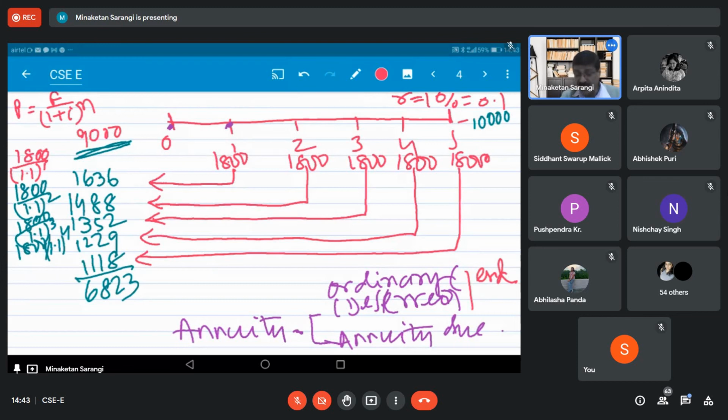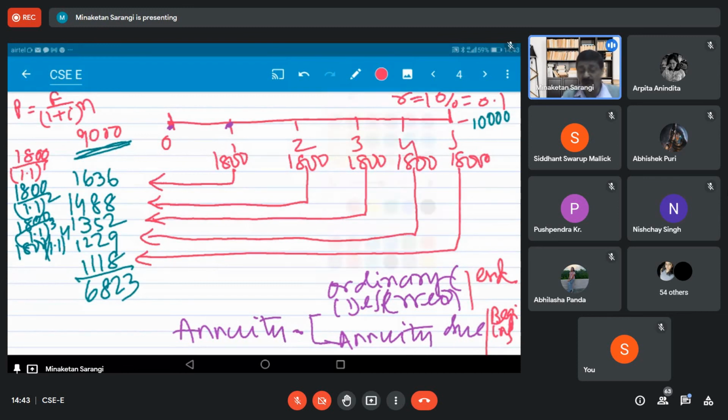But when annuity is paid in the beginning of the period, when annuity is paid at this point, 0, then we say this is your annuity due.